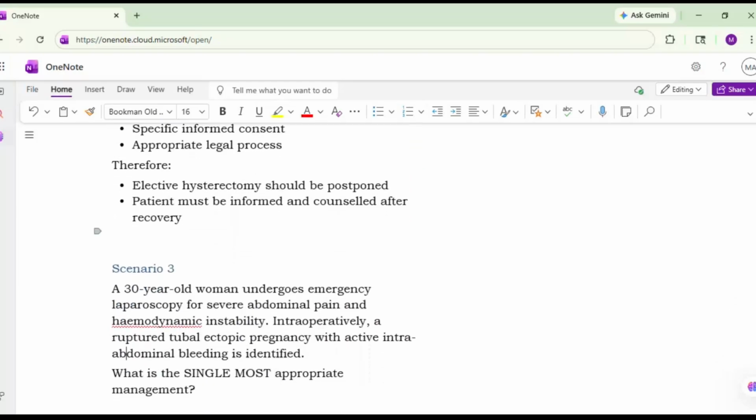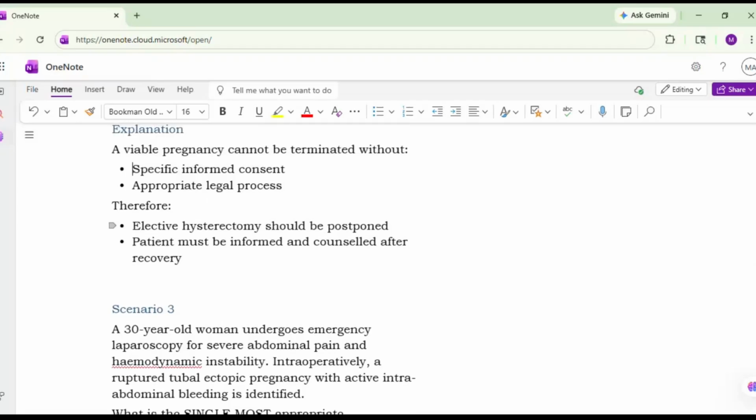Next. A 30-year-old woman undergoes emergency laparoscopy for severe abdominal pain and hemodynamic instability. Intraoperatively, a ruptured tubal ectopic pregnancy with active intra-abdominal bleeding is identified. What is the single most appropriate management?